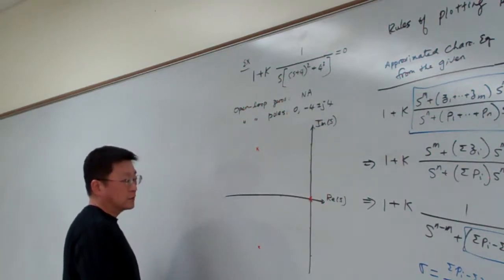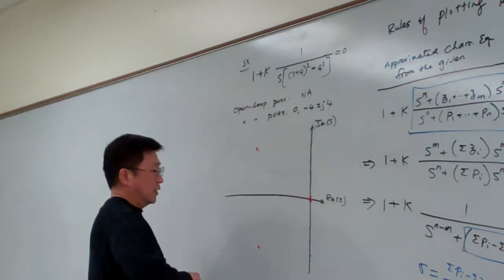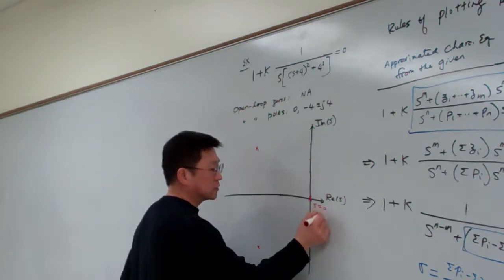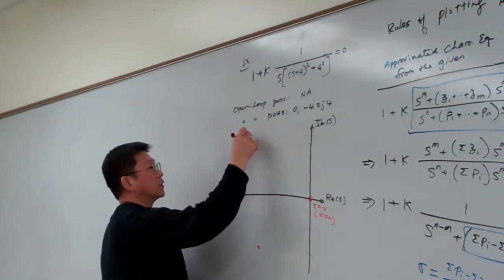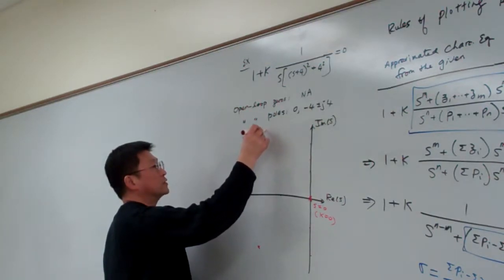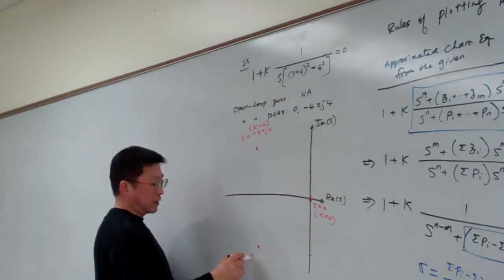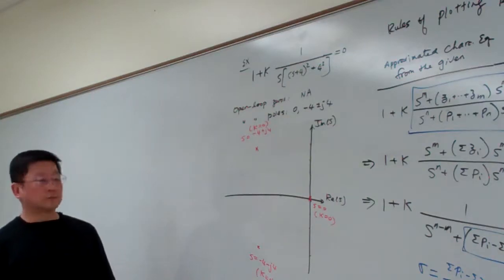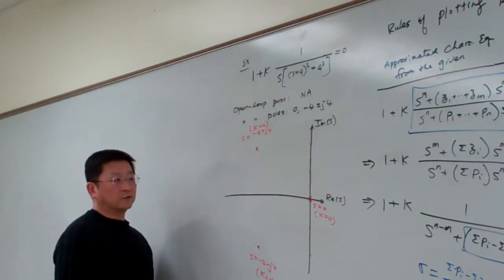I put the scales, and you can write these: s equal to 0 corresponds to k equal to 0, s equal to minus 4 plus j4 corresponds to k equal to 0, and s equal to minus 4 minus j4 corresponds to k equal to 0. So the three spots are the starting points of the root loci.